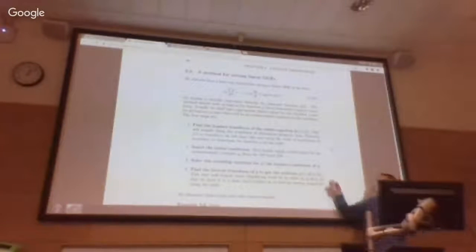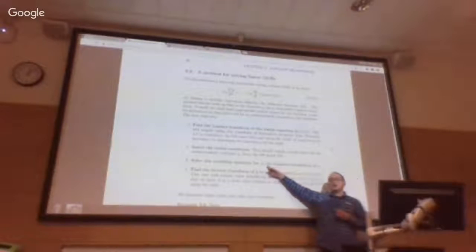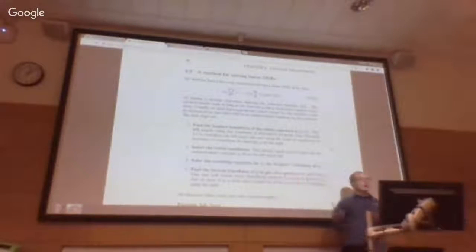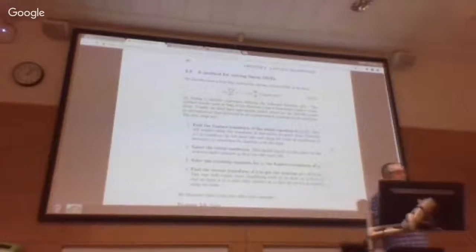Having found y bar, you then need to take its inverse transform to recover the solution y of t to the original ODE. But this is complicated by the fact that if we only have the table of transforms at our disposal, we may need to work on the form of y bar first in order to find what its inverse transform is.